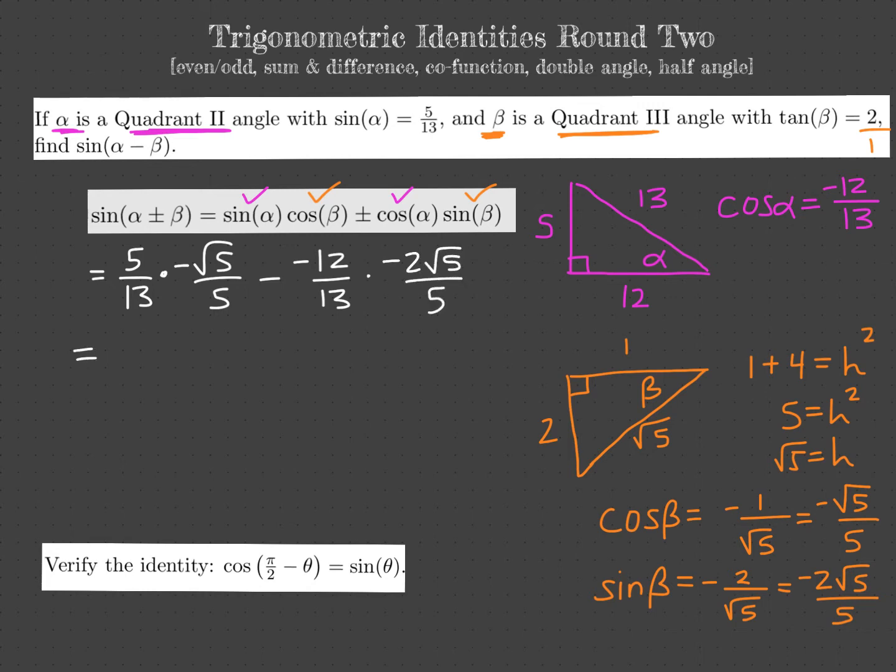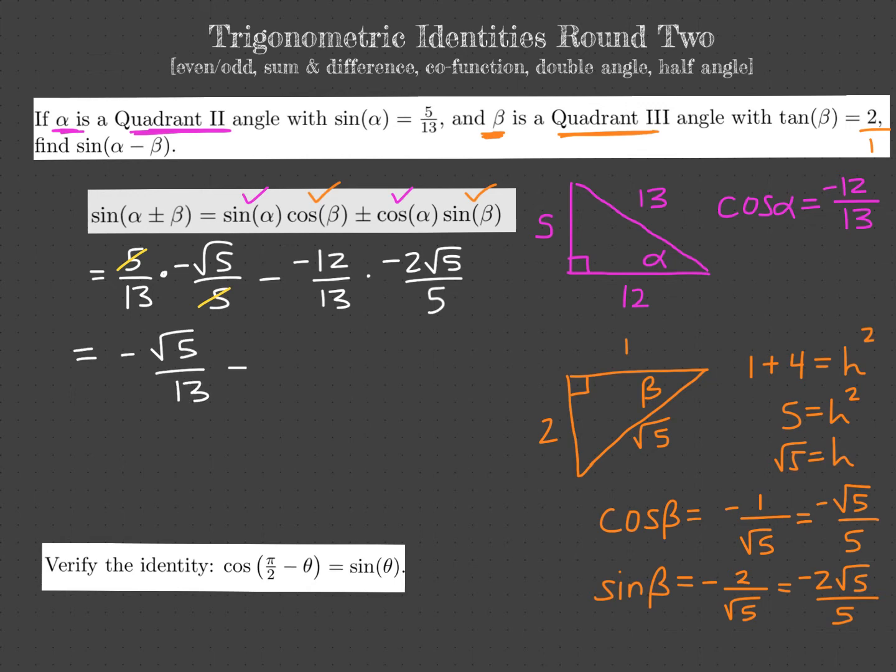Next, I'm going to multiply, so I'll get negative, and actually, let's take a look at what happens here. This 5 and this 5 cancel when we're multiplying, so we'll end up just having negative root 5 over 13.